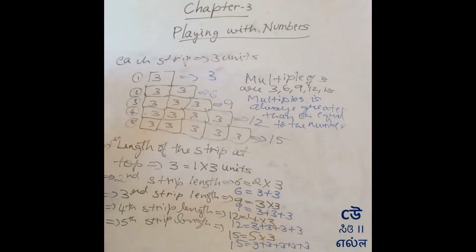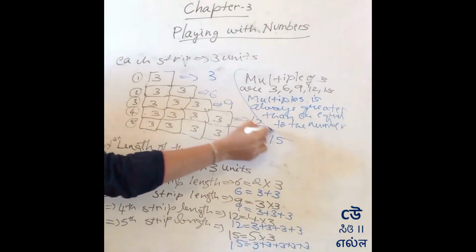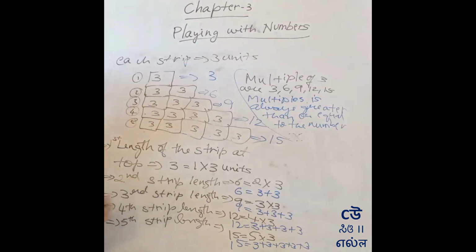Okay, so multiples are always greater than or equal to the number. So you have to keep this in mind.